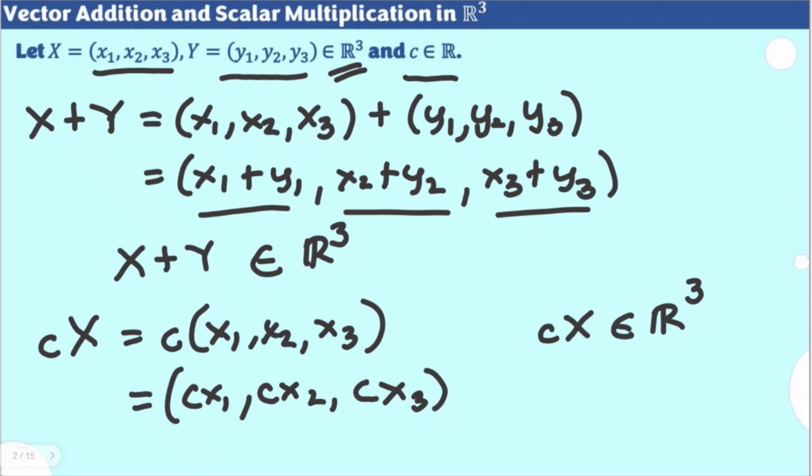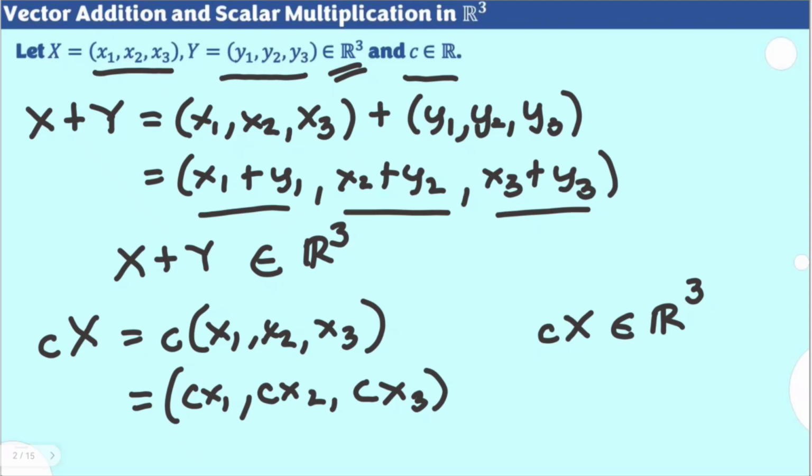What does this tell us? Similar to our vector addition, scalar multiplication for R3 is also closed. This would mean that these two operations, vector addition and scalar multiplication, are both closed, or again, the resulting vectors are still elements of the same set.